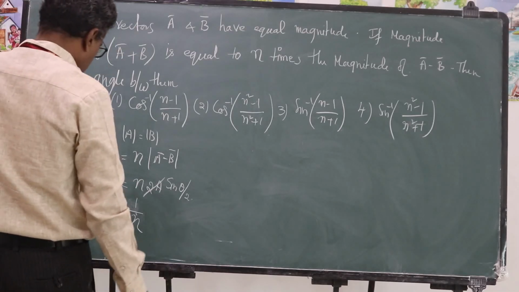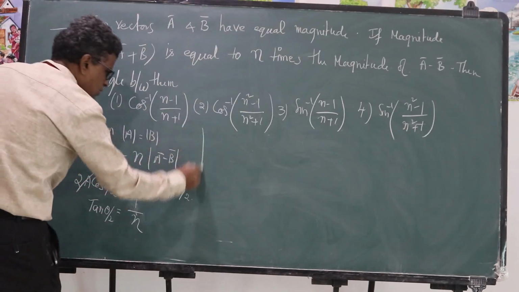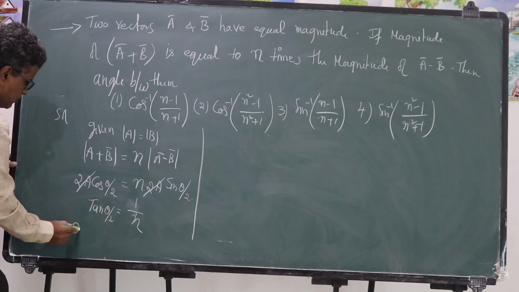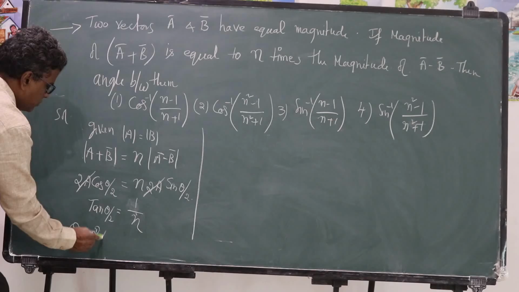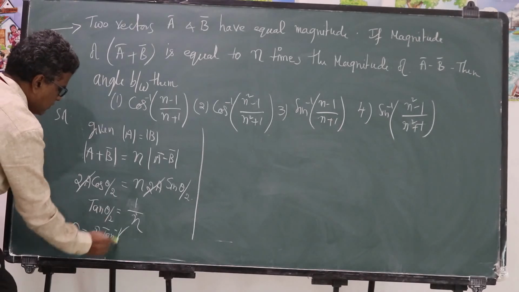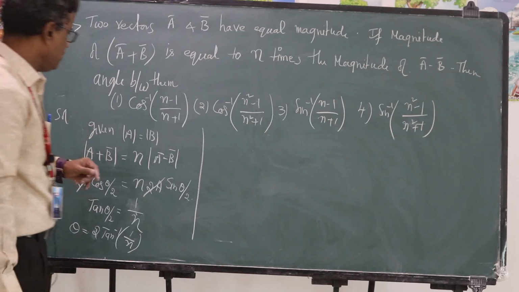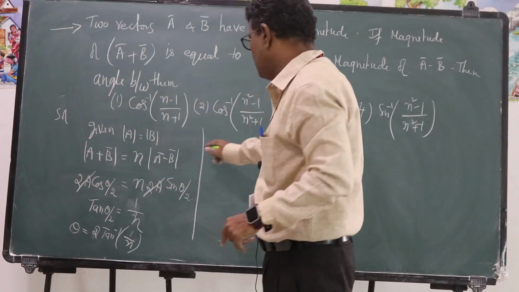So we don't have this option. This one is also one of the options: theta by 2 is tan inverse 1 by n, so theta is 2 tan inverse 1 by n, but this option is not there. So you can simplify in another way. This is the first method.